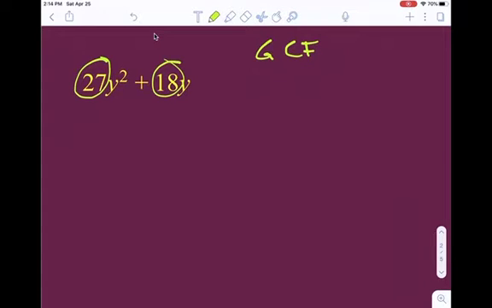I really think at this point, if you're in algebra, you should have a pretty good idea of how to just look at some of these numbers and say, what's the largest number that goes into both of them? Because that's what greatest common factor is.